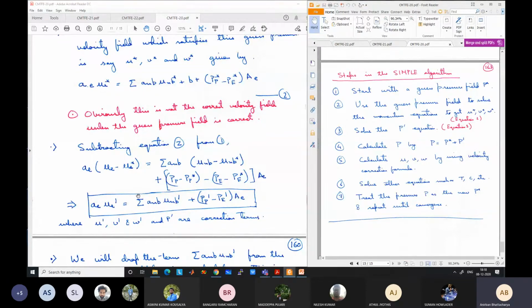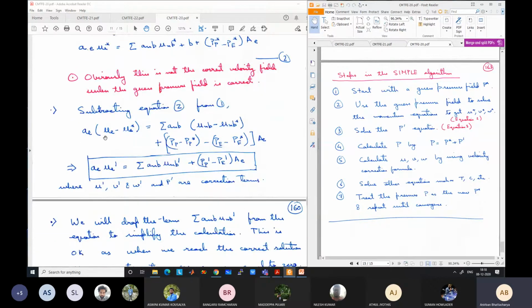By definition, the correction term is U actual minus the star value, so that if we add this U dash to the star value, we get the actual, updated value. Based on this, we calculated one equation for velocity correction relating it to pressure correction.